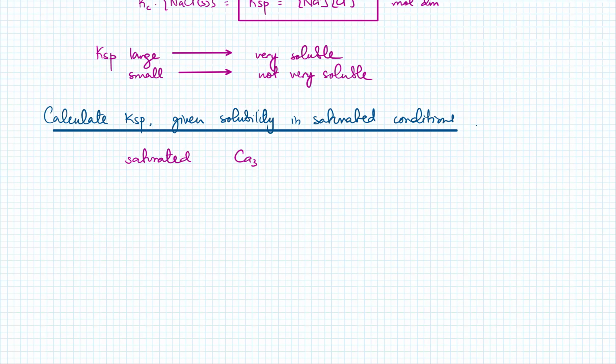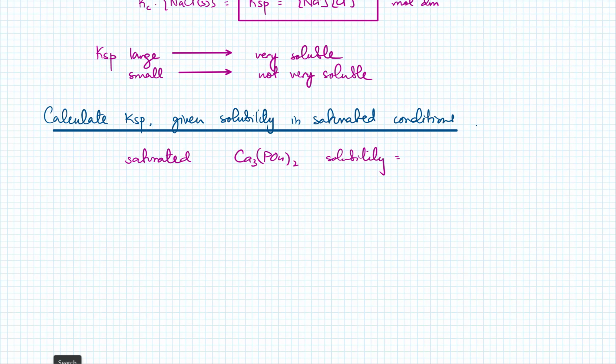So the first question, they've given us the solubility of calcium phosphate. Solubility is how much of it dissolves. It is sometimes given in grams per dm cube, or sometimes in mole per dm cube. A lot of times it's given in gram per dm cube.